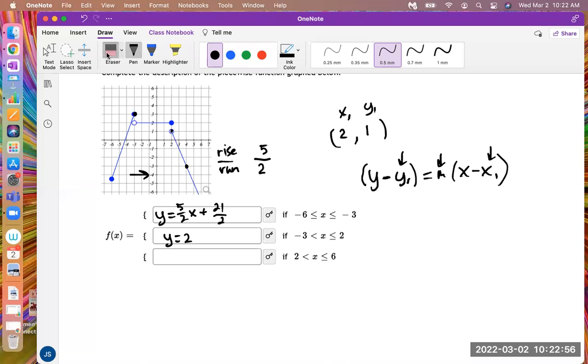All right, so (2, 1), and now let's figure out what the actual slope is. Like I said, slope is equal to rise over run. The rise is how much up and down, and the run is how much left and right, between any 2 points that you pick on the line.